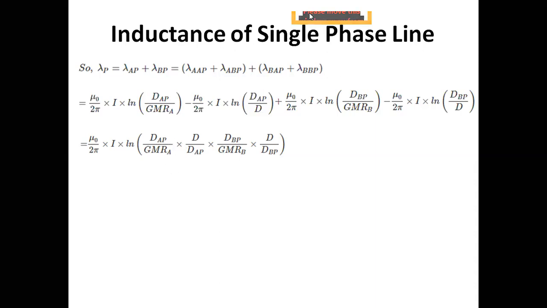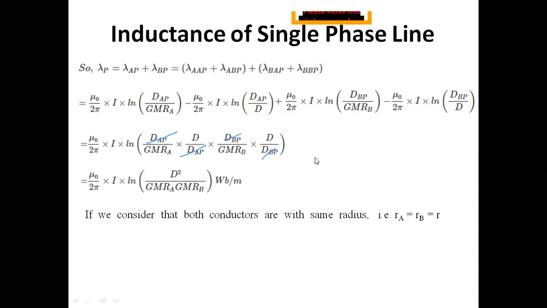Now here DAP and DBP will cancel out, and finally what you have is mu naught divided by 2 pi into I ln D square by GMR A into GMR B.